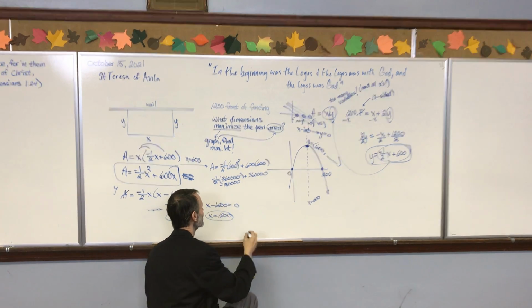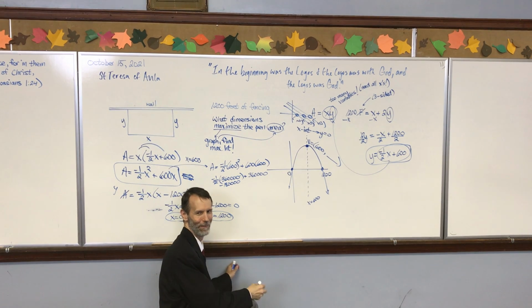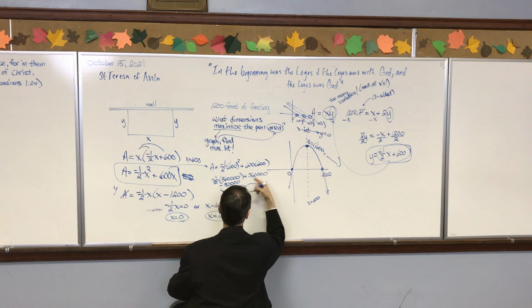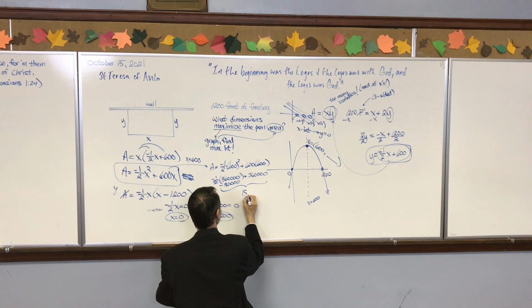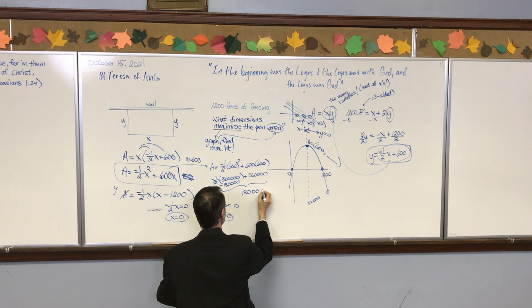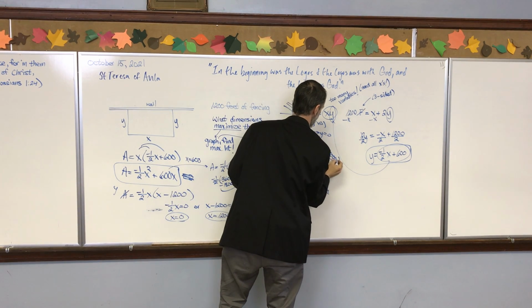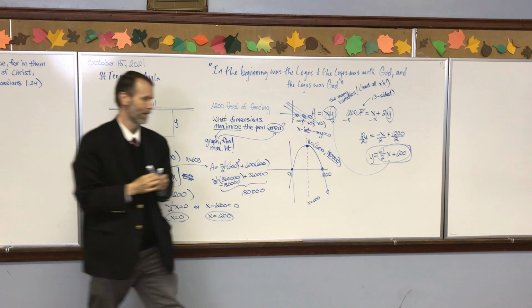Becca, what's 36 minus 18, by the way? Okay, 18. So it's going to be 180,000. Go ahead and write that down.